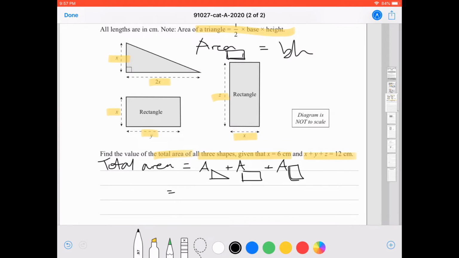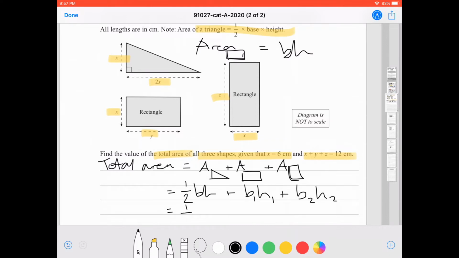So looking at our triangle, before that we could even say area of the triangle is half base times height plus b dash h dash, or b1 h1 plus b2 h2.